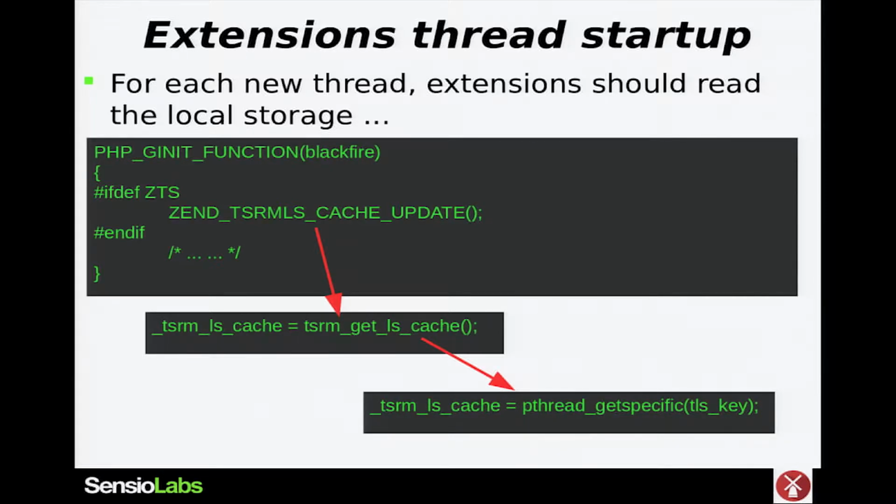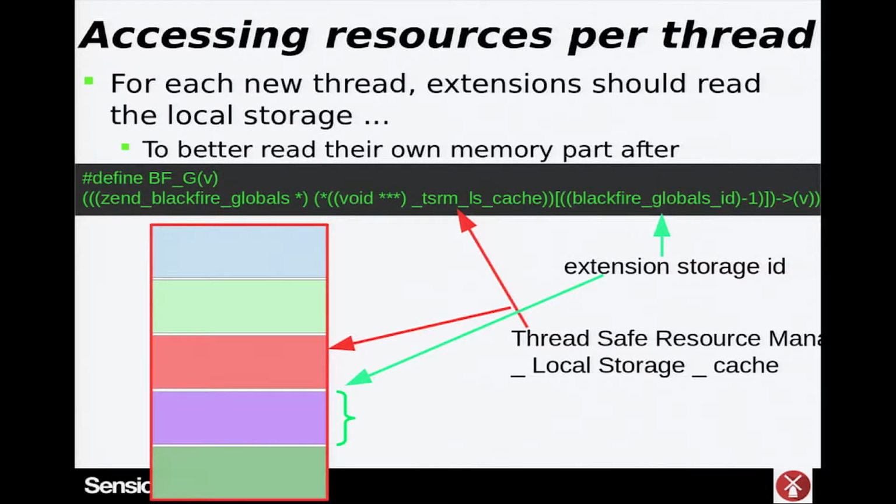That's wonderful. That says, give me the specific storage for that current thread, and put it in that variable TSRMLS_CACHE. And then you use your macro to access your specific globals in your extension or in PHP core or in the Zend virtual machine or in everything that could live in a thread.